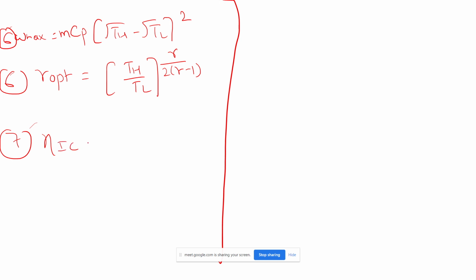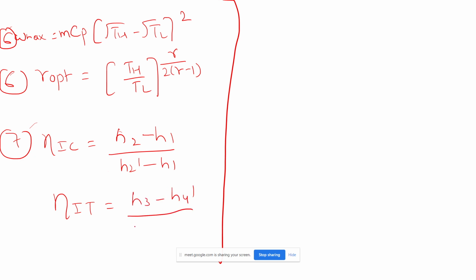isentropic efficiency of compression, which you can write as H2 minus H1 divided by H2 dash minus H1, and isentropic efficiency of turbine you can write H3 minus H4 dash divided by H3 minus H4.